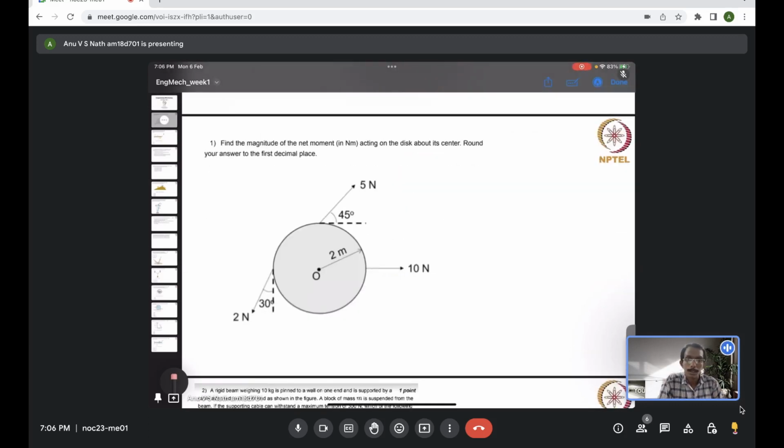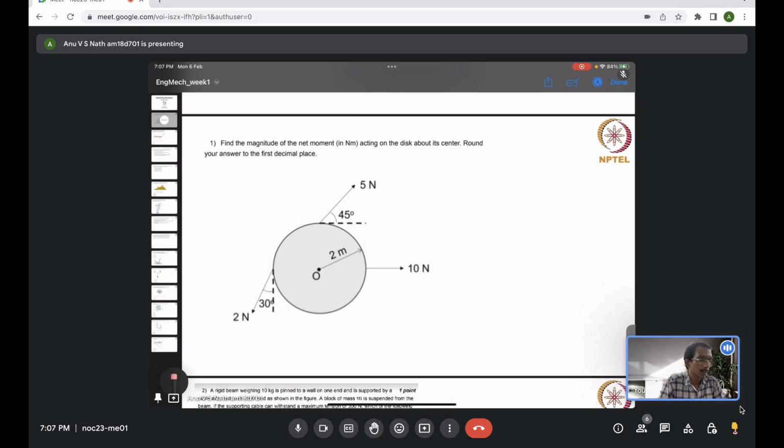I hope you all can see the question and the respective figure here. Find the magnitude of the net moment in Newton meter acting on the disk about its center. Round your answer to the first decimal place. This is fairly straightforward.